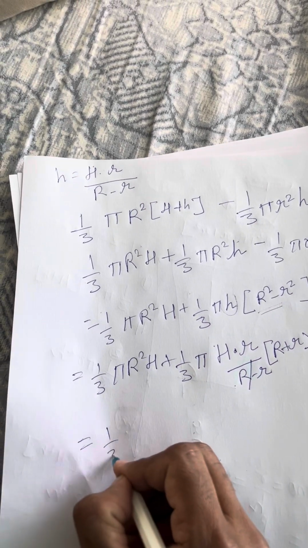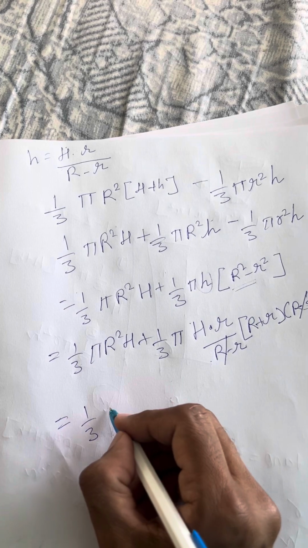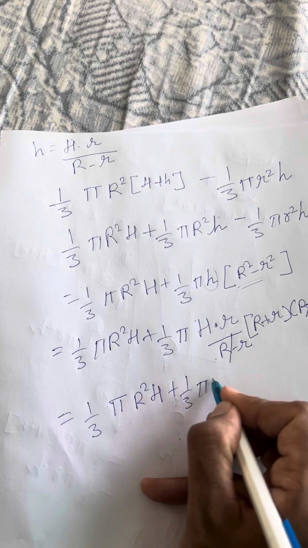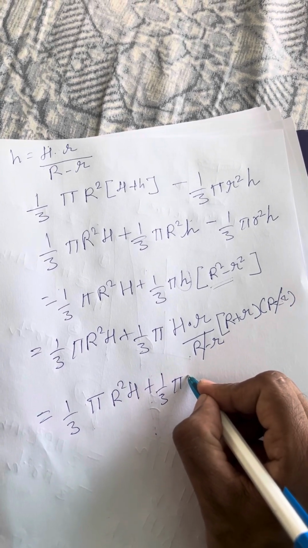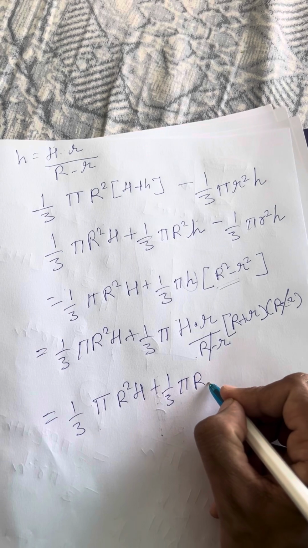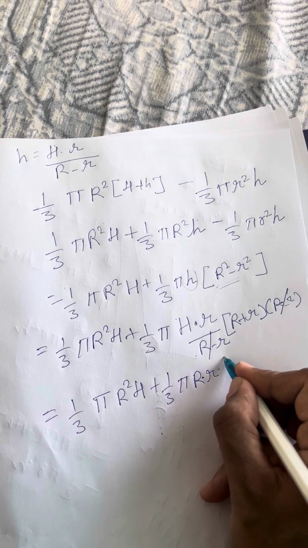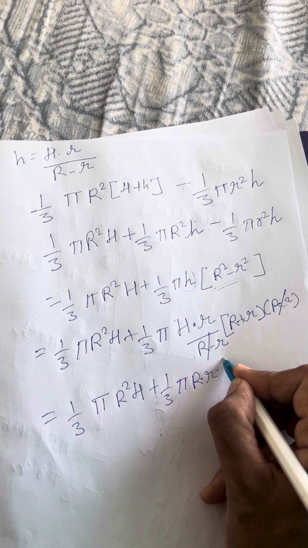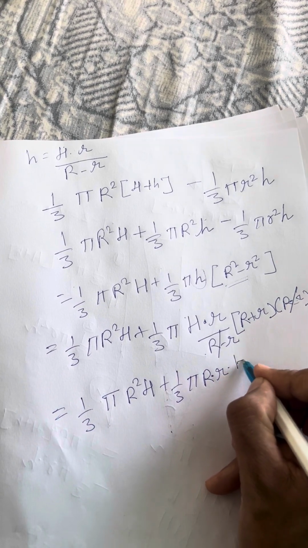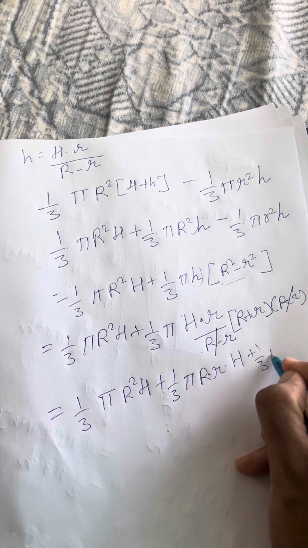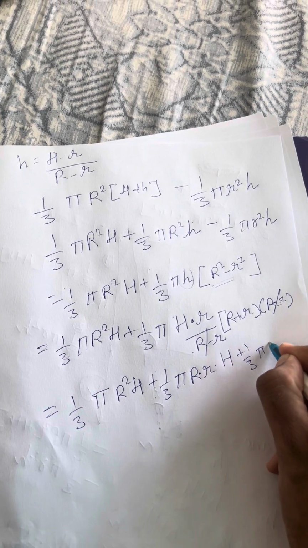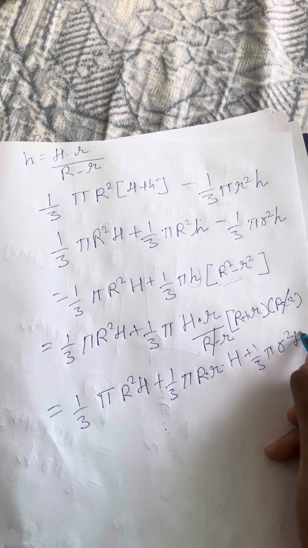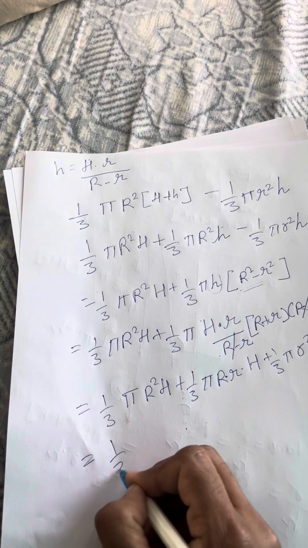So what we are left with is 1/3 pi R square H plus 1/3 pi R r H plus 1/3 pi r square H.